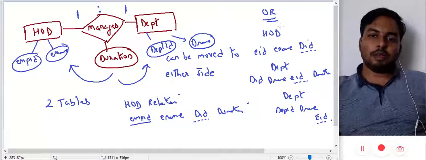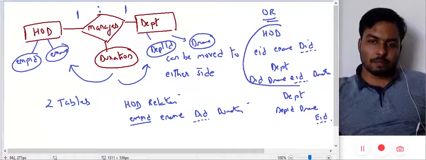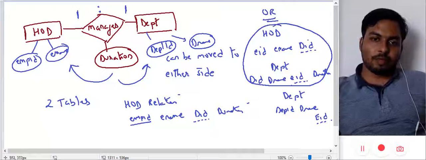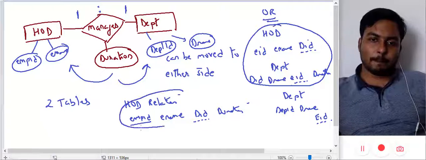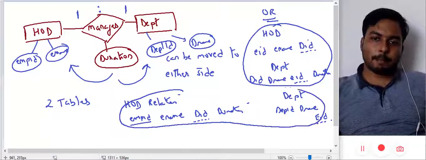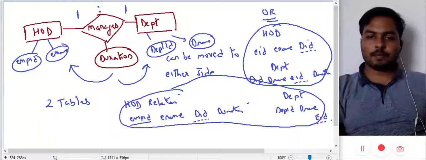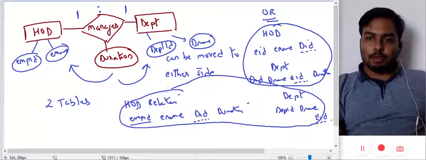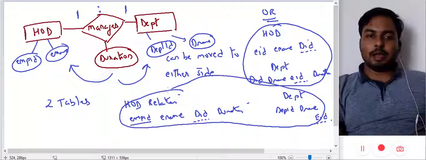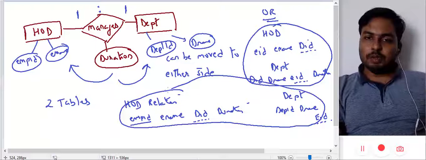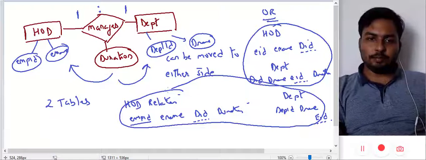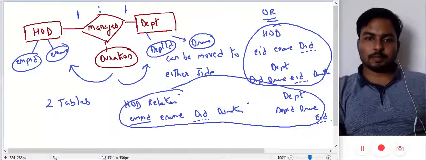Either we can have this, or we can have this. So that's how we convert ER models into relational models, or ER diagrams into relations.